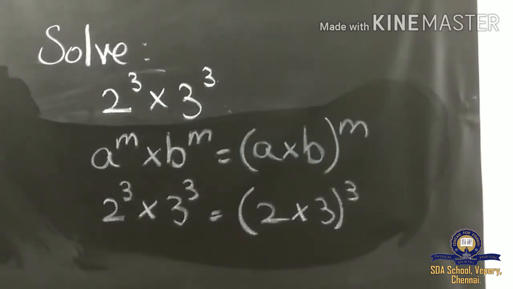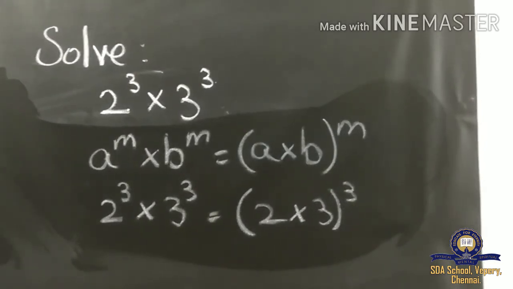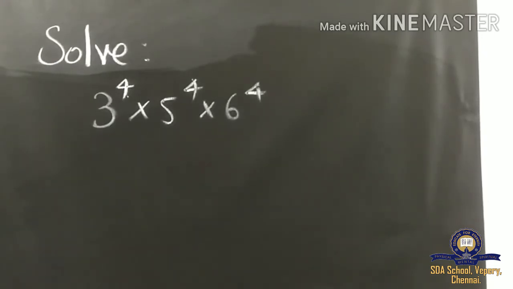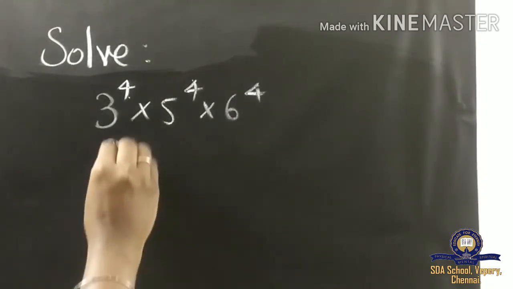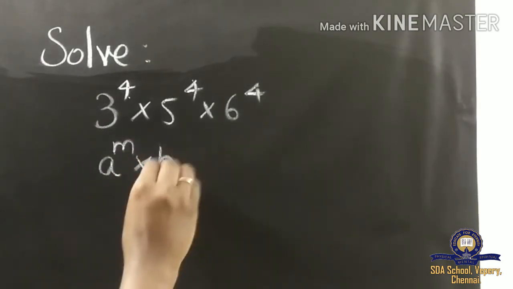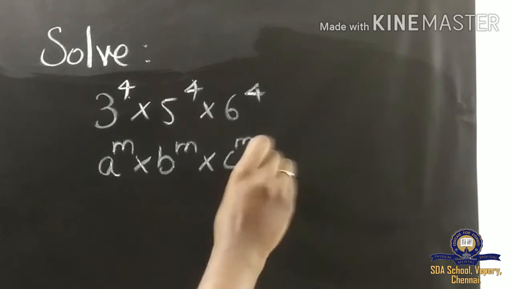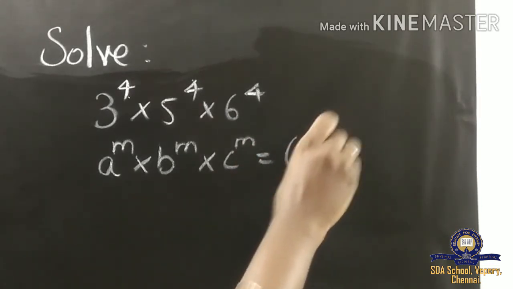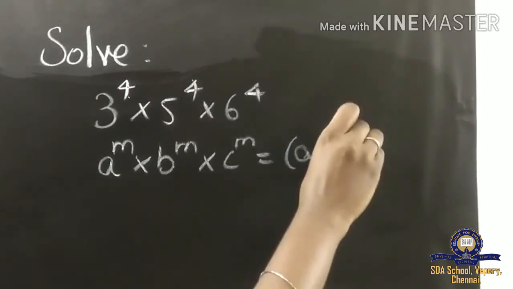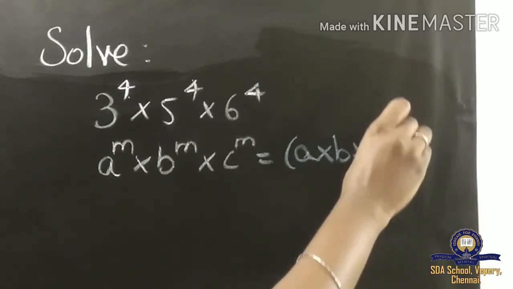Let's see another example. You can easily understand this. You can see here there is a 3 value, right? So here we are going to see a rule: a^m into b^m into c^m is equal to (a×b×c)^m.